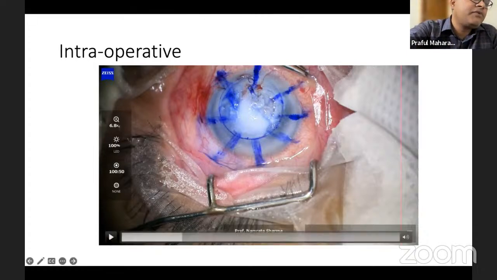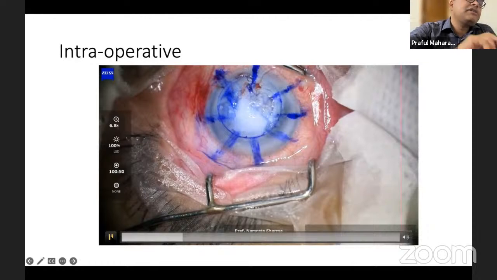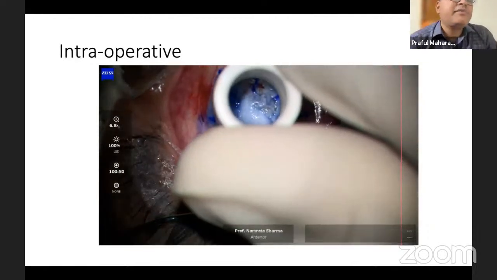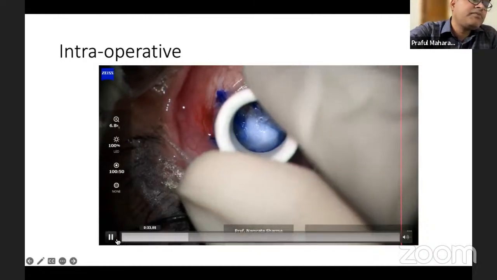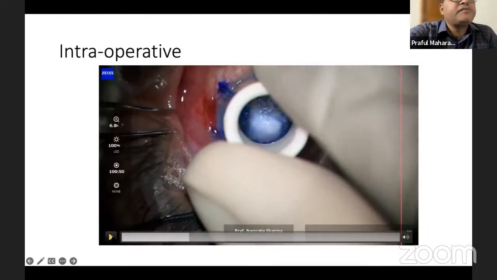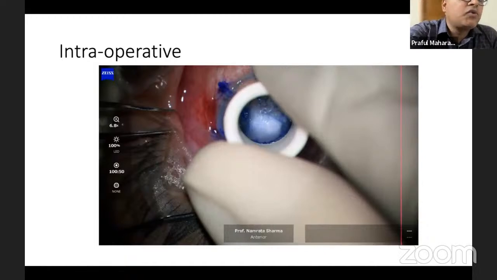If you are not that experienced and you are using a manual trephine like this, it may happen that you land up in a full thickness trephination. Now the problem of full thickness trephination is, again, there will be sudden hypotonia. And we don't want to do that. If you do that, then there is a risk of suprachoroidal hemorrhage. So always go for a partial trephination and then go for a full thickness trephination.